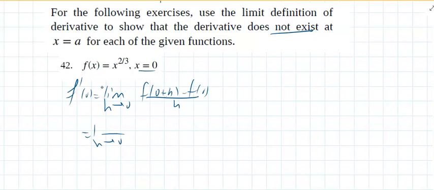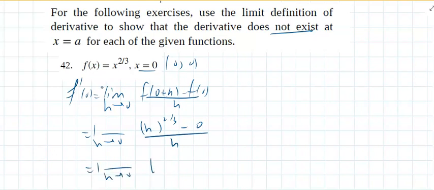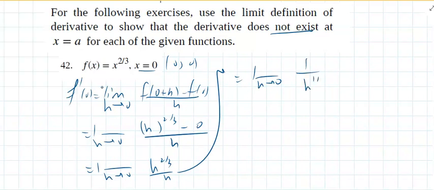That is the limit as h approaches 0. F of h is h raised to the 2/3, minus, if you put 0 in, you get 0, over h. This is nothing more than h to the 2/3 over h. That is the limit as h approaches 0. And if I simplify this algebraically, that's 1 over h to the 1/3, or, to be more specific, the cube root of h.